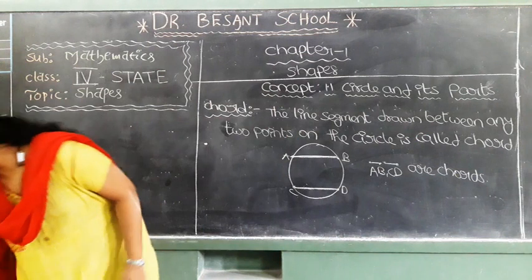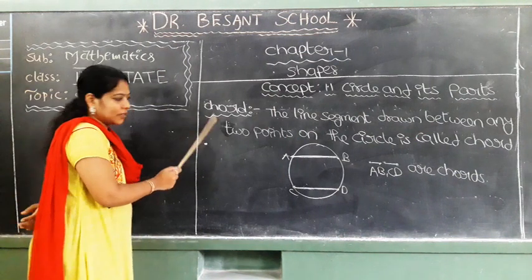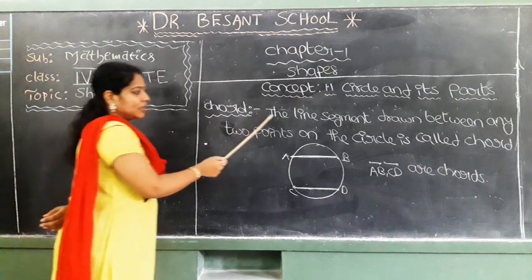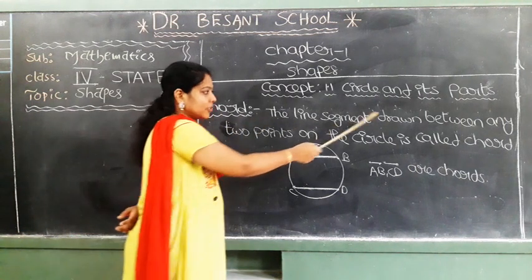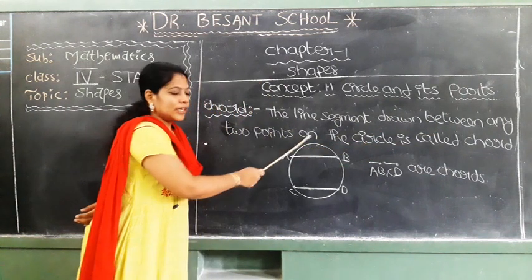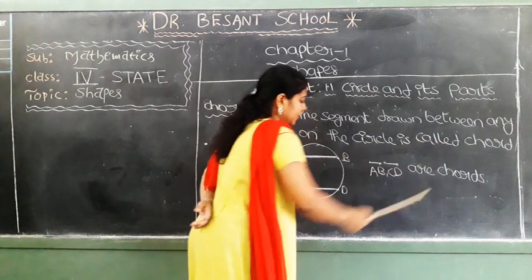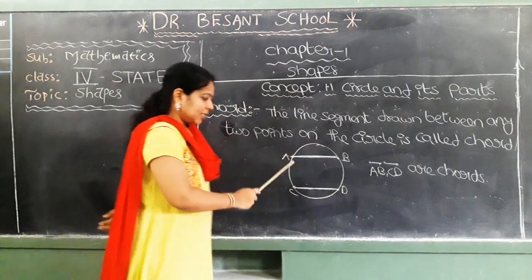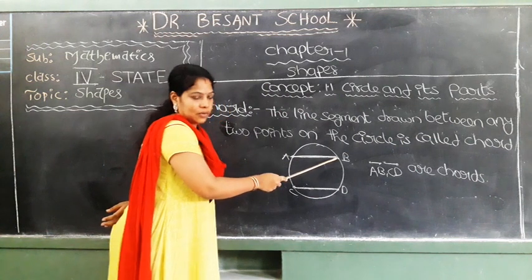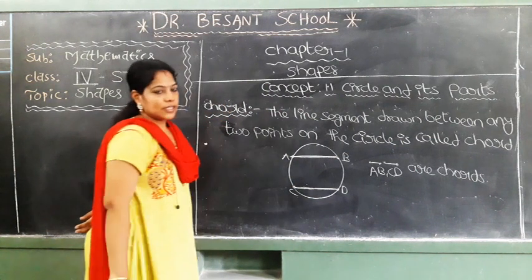I am reading again. Write neatly and draw neatly. Chord, C-H-O-R-D. The line segment drawn between any 2 points on the circle is called chord. Here A and B are 2 points on the circle, and C and D are 2 points on the circle.